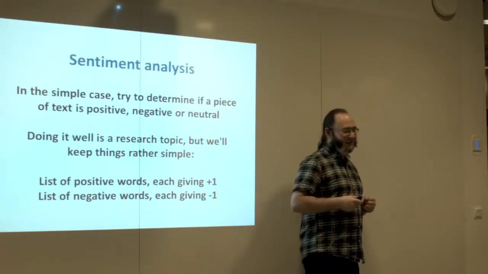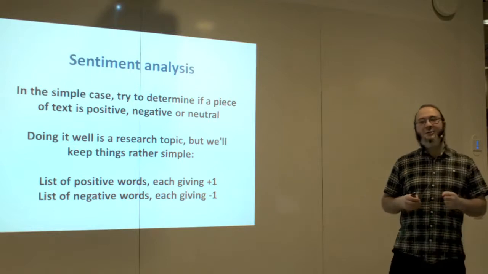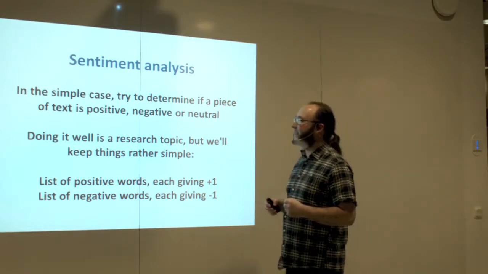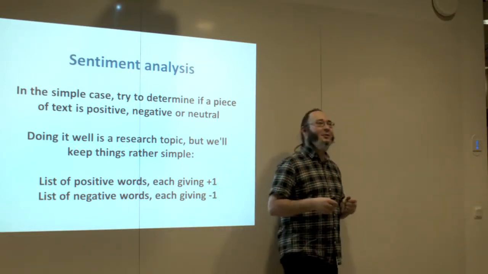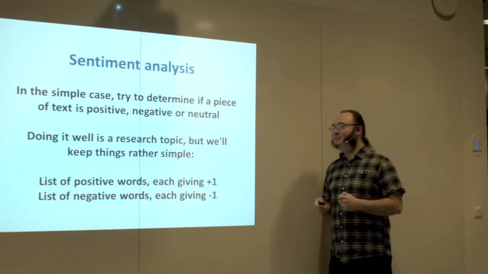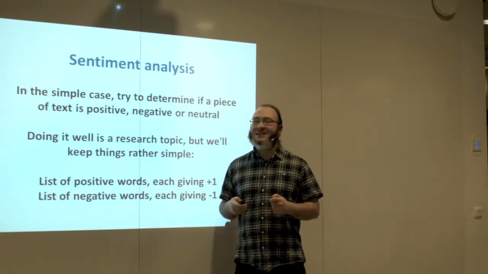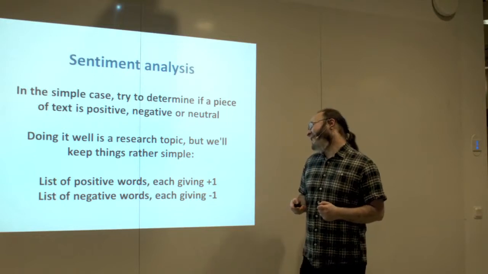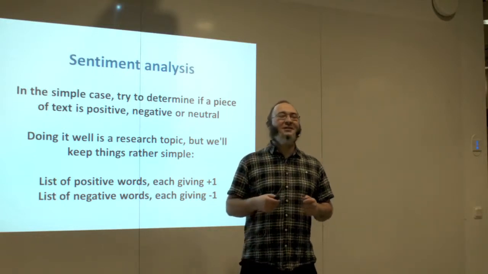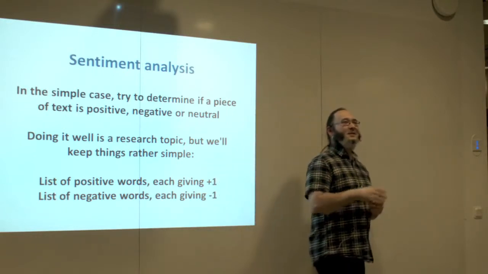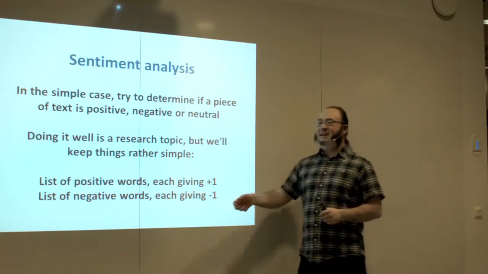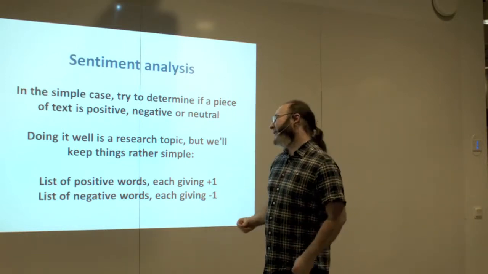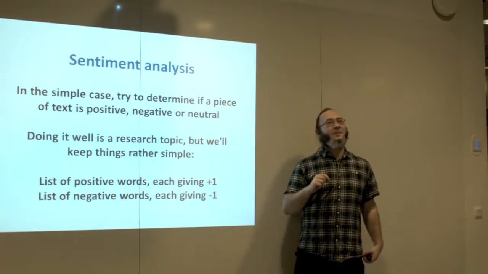So, sentiment analysis. This is a research topic, and I didn't really fancy doing that much research, so I implemented a really, really stupid sentiment analyzer. Basically, it just has lists of positive and negative words. If it sees a positive word in the tweet, it gives it a +1 for each of the positive words.